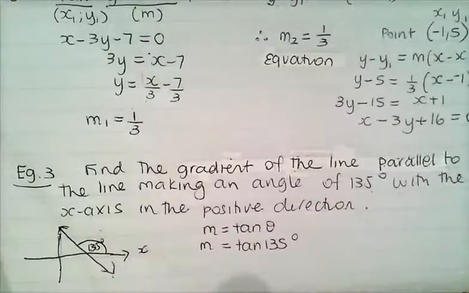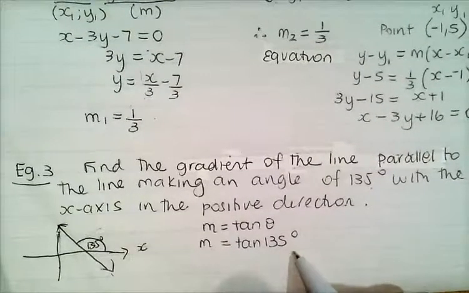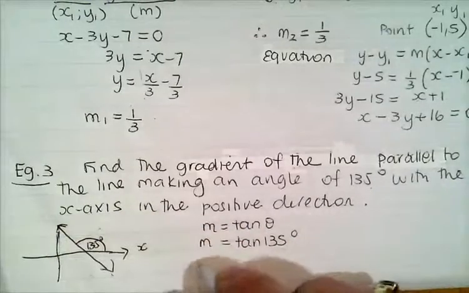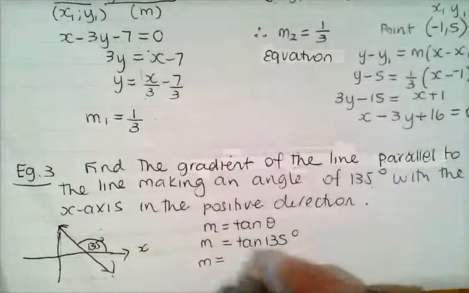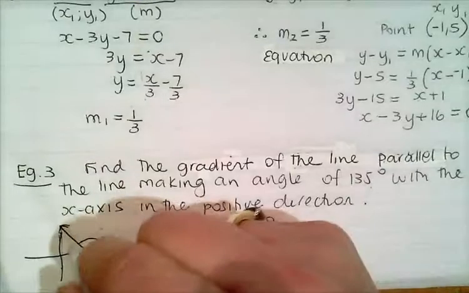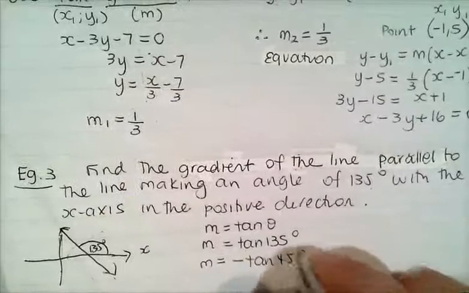Now you can enter that in on your calculator and you will get -1, or because you're basically in quadrant 2, because 135 degrees is quadrant 2, we can say the gradient is, if we want to write that as an acute angle, 135 degrees, you've got 45 degrees left over there, but it's quadrant 2, so you get negative tan 45.